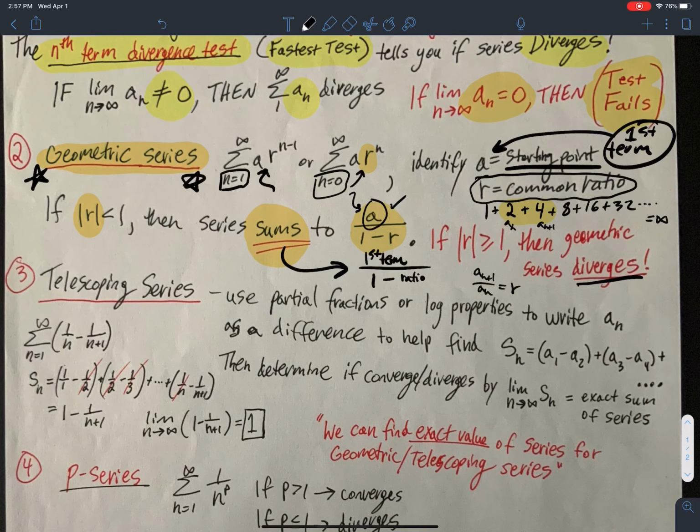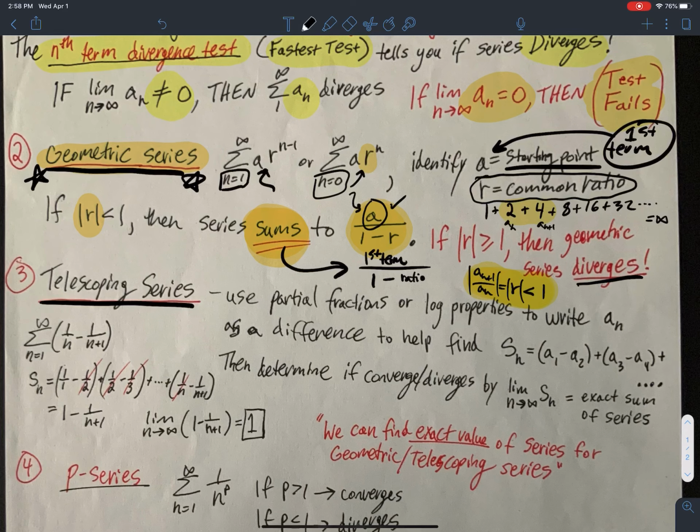And if the absolute value of that common ratio is less than 1, then you know that the series converges and it sums to this value here. I hope this looks familiar to you. You should be thinking, that almost kind of looks like, maybe the ratio test, right? Imagine that. Okay, so geometric, this is one that we know what it sums to.